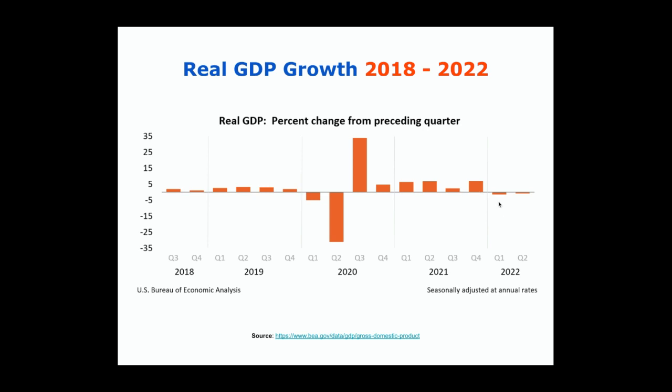In 2022, we had 2 quarters where it's down, 2 quarters of negative growth, and this is what we typically say is a recession. If we have negative economic growth 2 quarters in a row, then that's the way economists will define a recession.